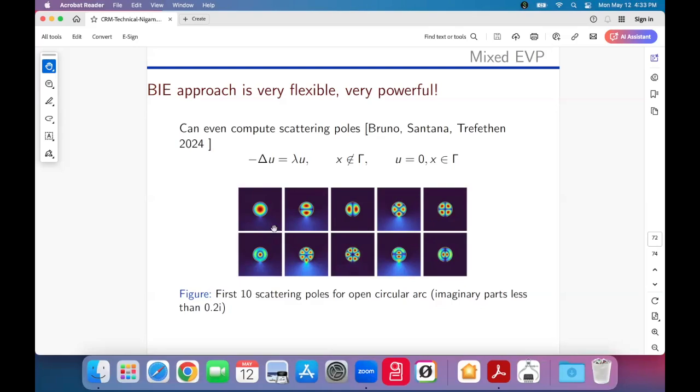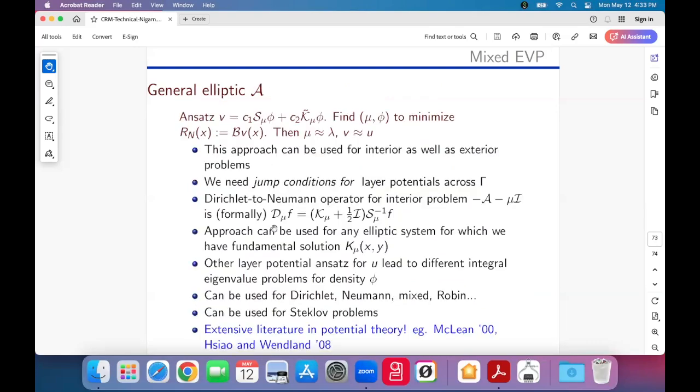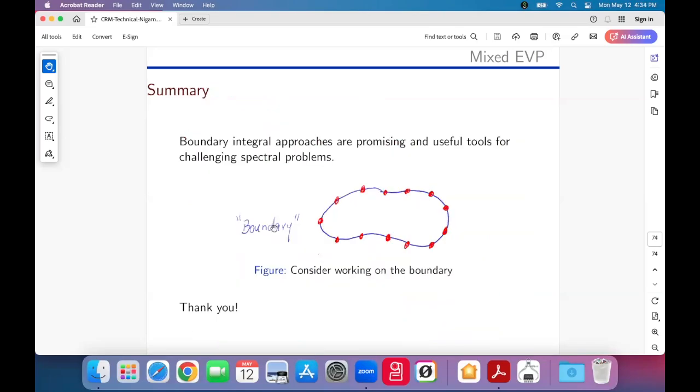Any of this is possible if you're willing to work on the boundary. You can do this for any elliptic problem as long as your coefficients are constant. The take-home message is if you can throw all your hard work onto the boundary, it might be worth it. That's it for today.